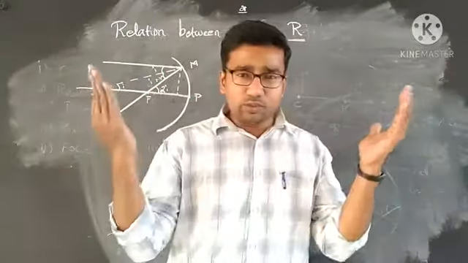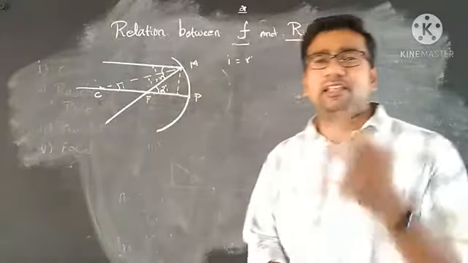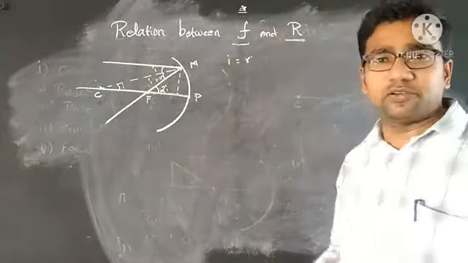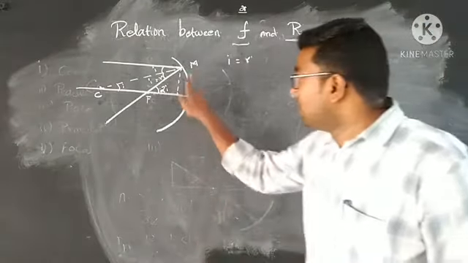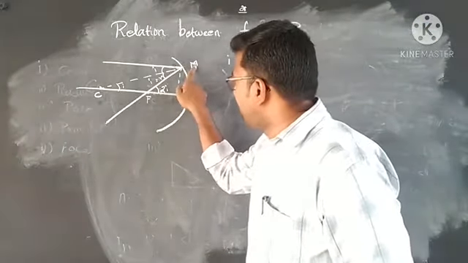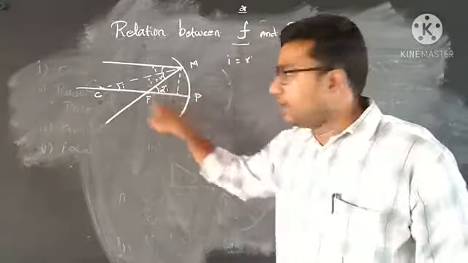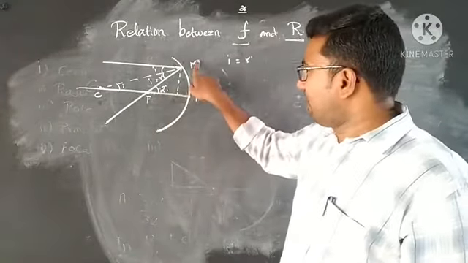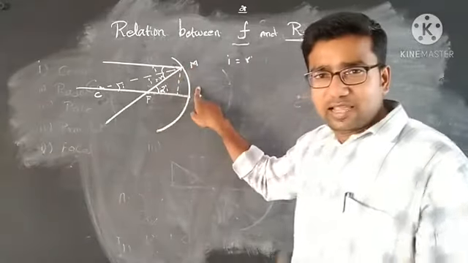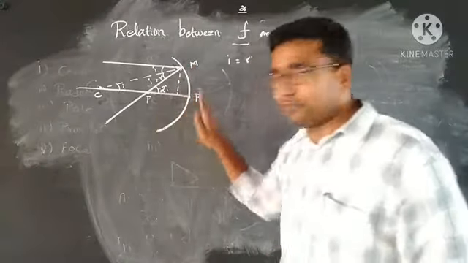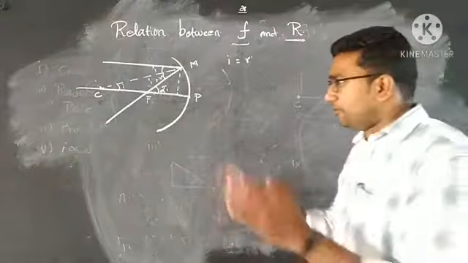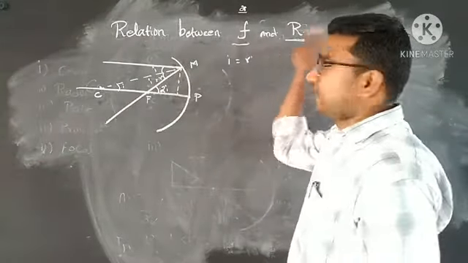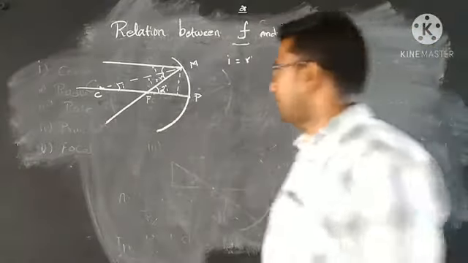Now comparing these two right angle triangles, we can easily derive the relation between focal length and radius of curvature. The triangle MCP has the distance of radius of curvature R, and the triangle MFP has the distance of focal length F. Am I right? By comparing these two triangles, we will easily get the relation between F and R. Okay, come on.